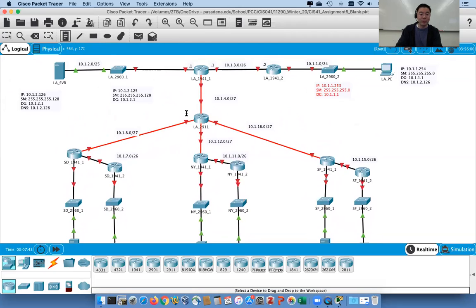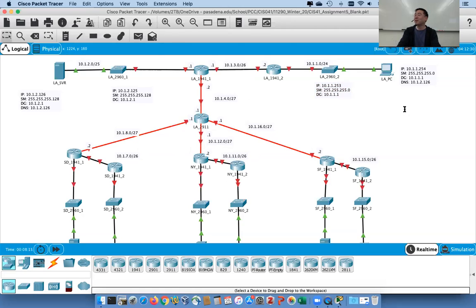Okay, and it's pretty safe to assume here that our core router is going to be dot 1 for everything. So that means dot 2 is over here, dot 2 is over here, dot 2 is over there, dot 2 is over here.